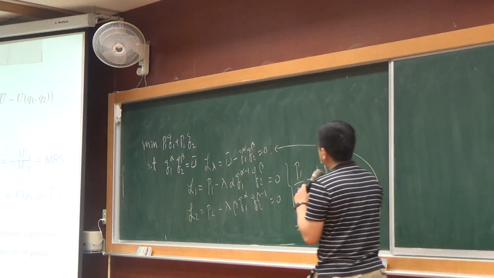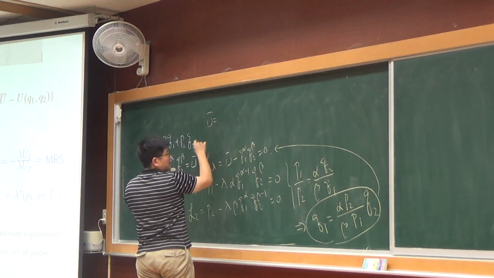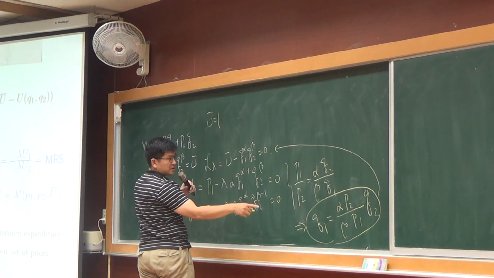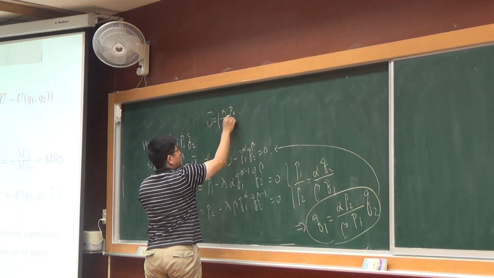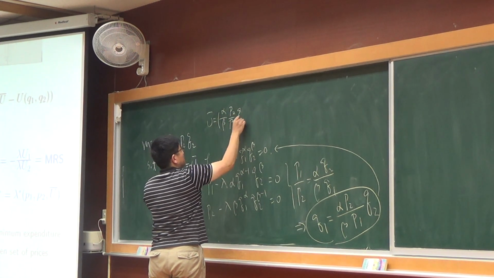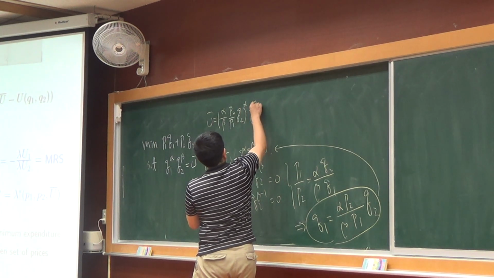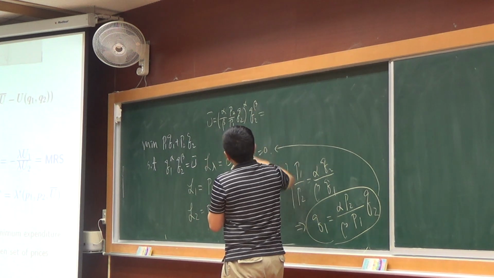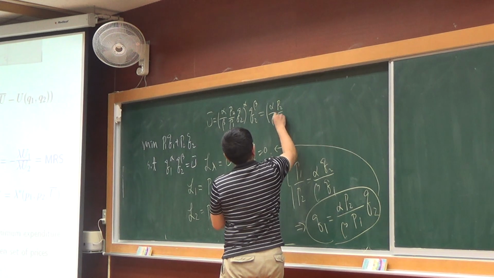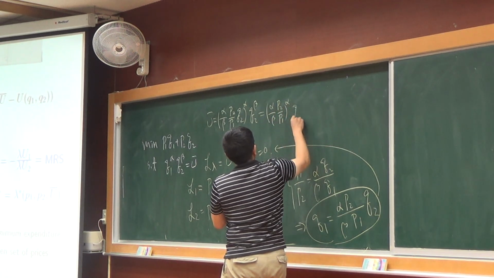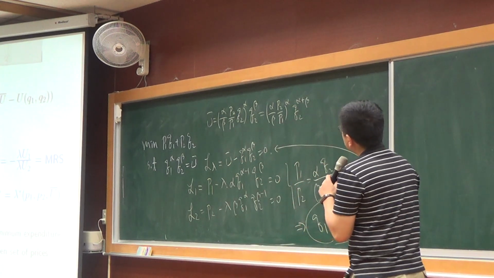We have U bar equals Q1, which is alpha over beta P2 over P1 Q2, to the power of alpha, and Q2 to the power of beta, and alpha over beta P2 over P1 to the power of alpha, Q2 to the power of alpha plus beta. Is that right?